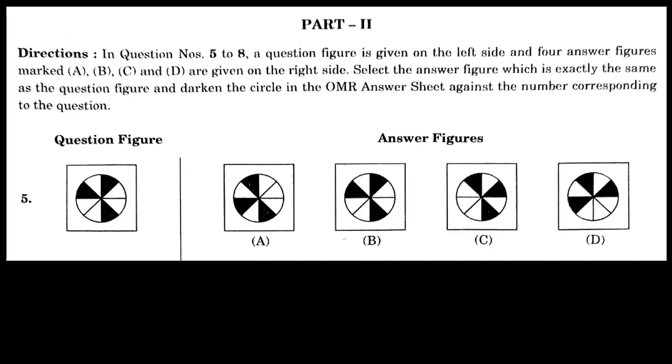We have one question figure and there are four answer figures A, B, C, D. So to find which of these four answer figures is exactly same as that of the question figure, let us have a close look over the question figure.